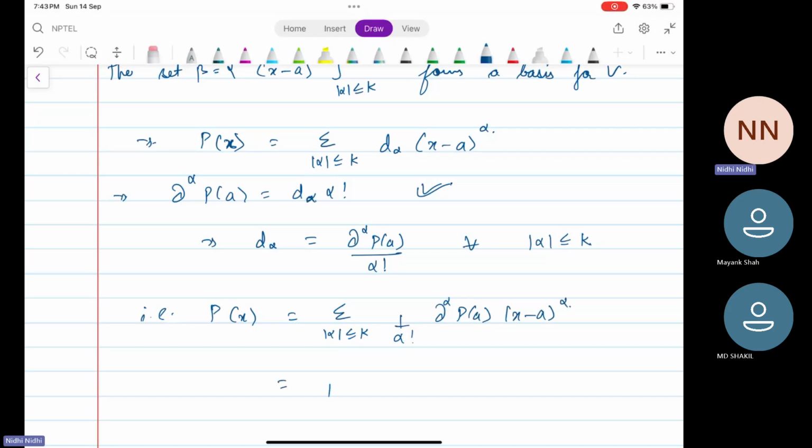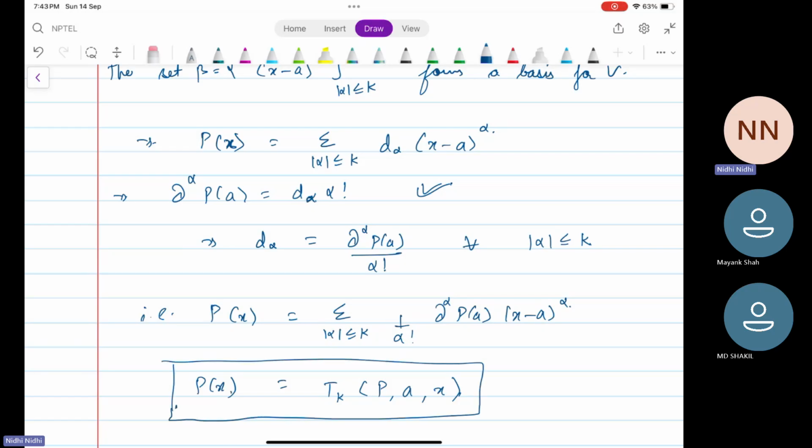So this was T_k p(a)(x). So yes, we can write this in the form of some general point a as well.